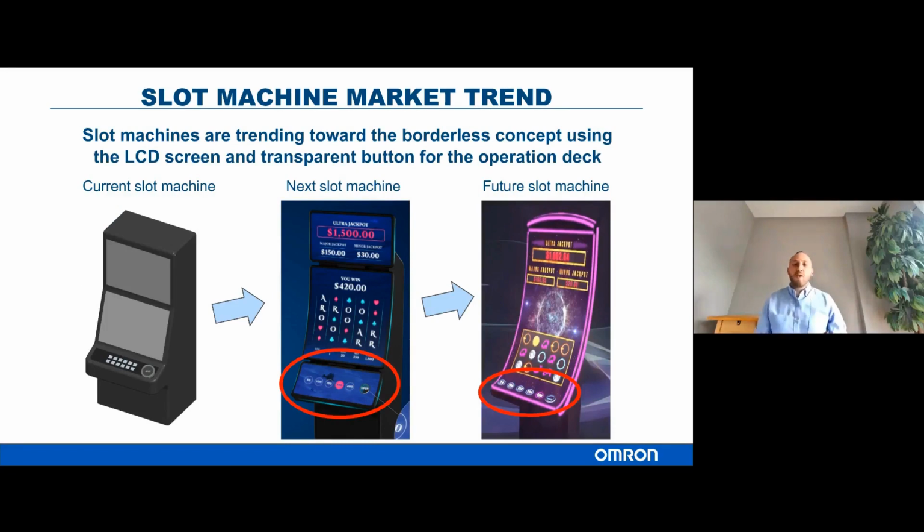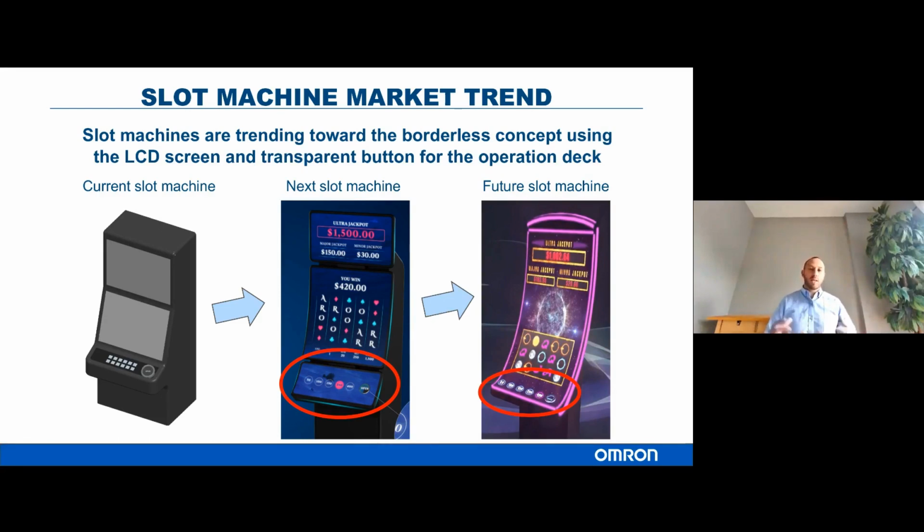We've noticed a trend in the slot machine market. Slot machines of the past used to have a lot of borders, different displays, and a lot of different buttons on the button deck. Currently we are moving into more of a singular monitor for the entire slot machine and then one monitor for the button deck.